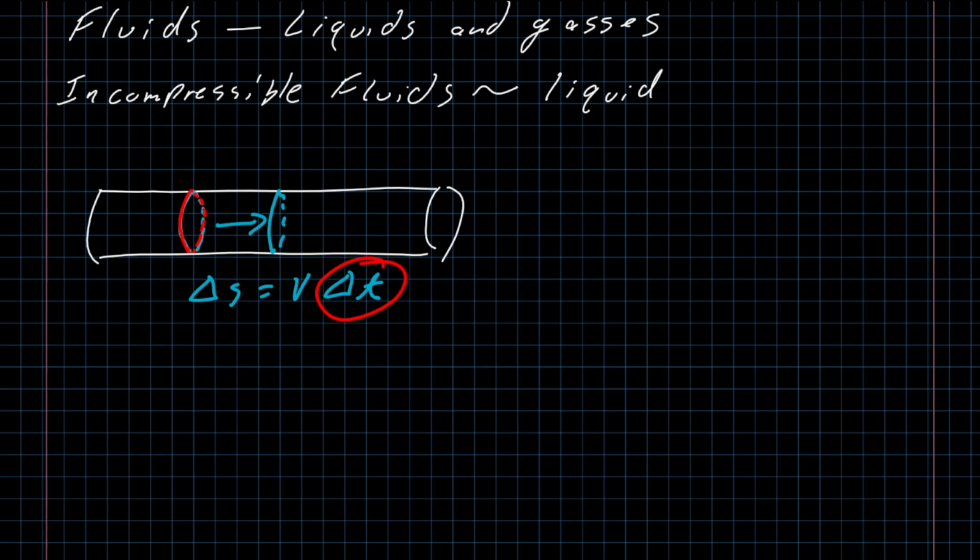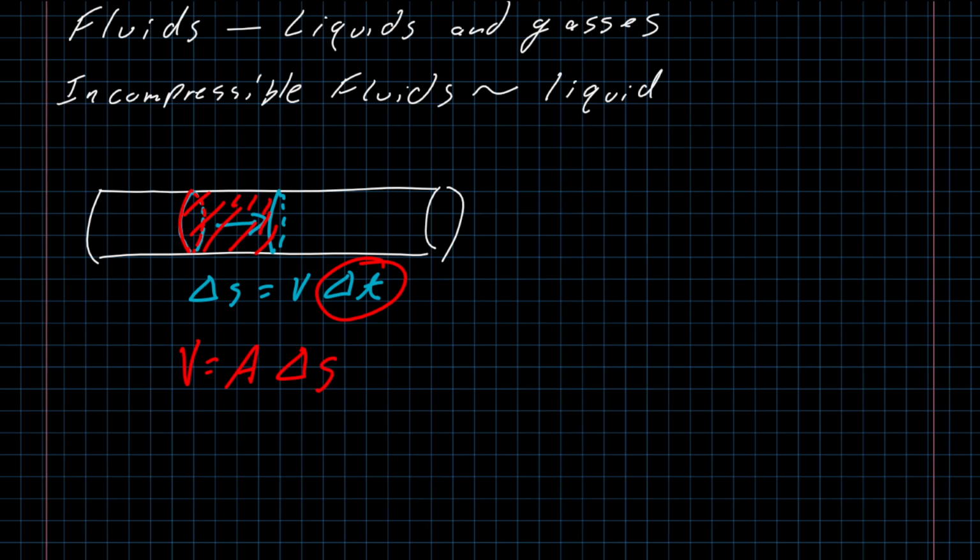And all told, all of the fluid that is in this space will be fluid that has gone past my observation point. We can calculate the volume of that by taking the cross-sectional area of the pipe and multiplying by the distance along the pipe, this delta s that I just came out with.